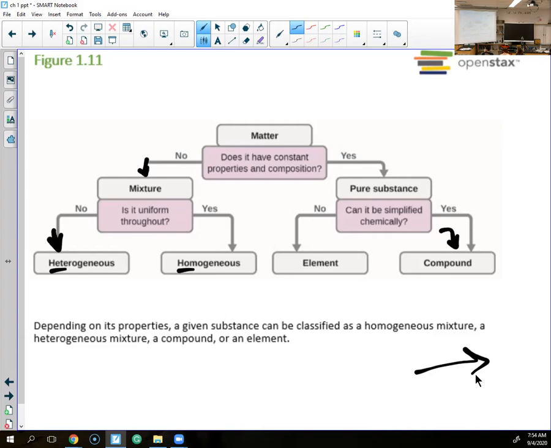So if I come across this container, so I look at it and I think, all right, tell your partner, does it have constant properties and composition? Does it look like it has more than one thing in it?